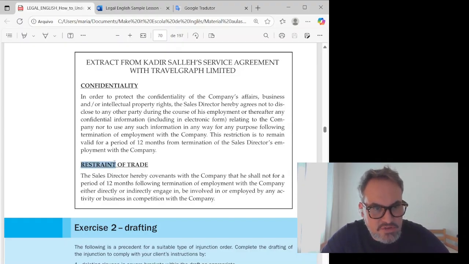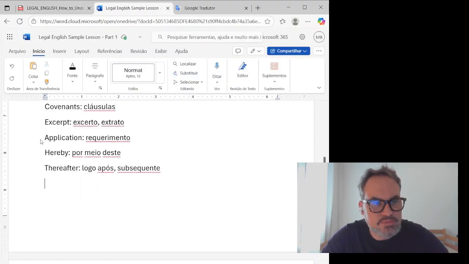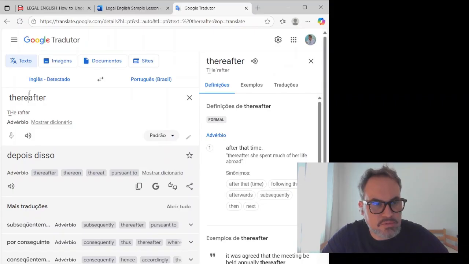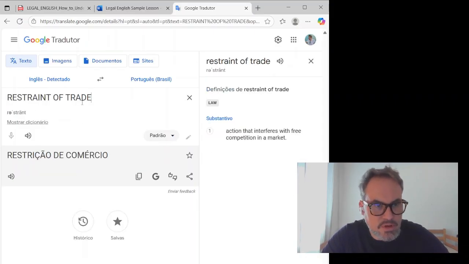Let's see, restraint of trade. Restrição de comércio, ok.